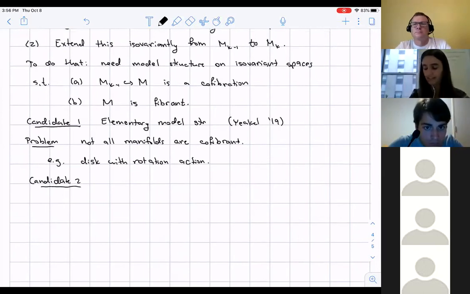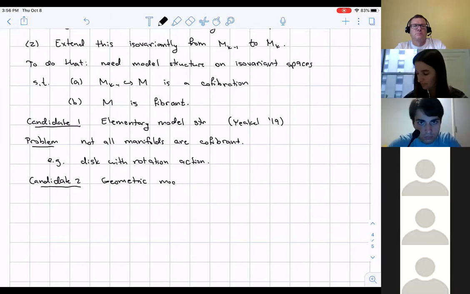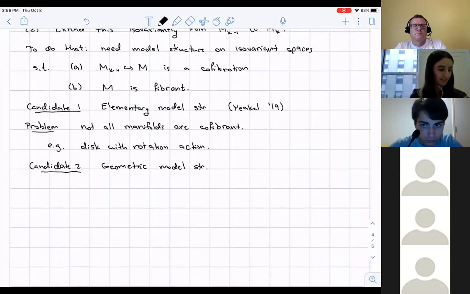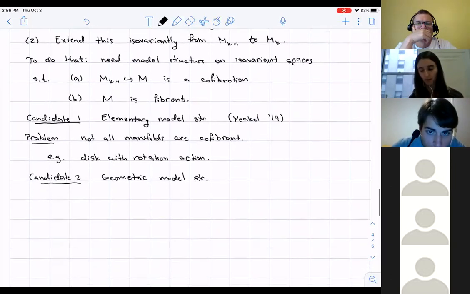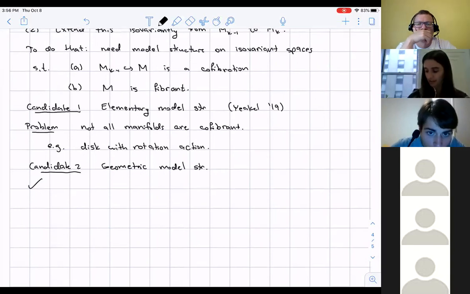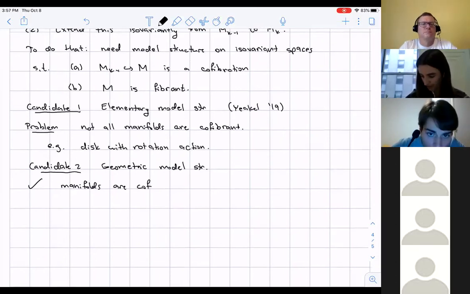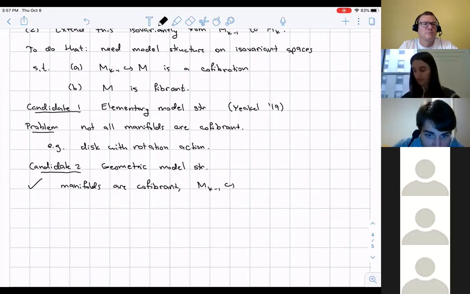Okay, so the second candidate is the geometric model structure. So this is one that we've been kind of working on for this kind of fixed point problem. And one thing we have for it is that manifolds are cofibrant, and that this Mk minus 1 thing, including into M, is a cofibration.